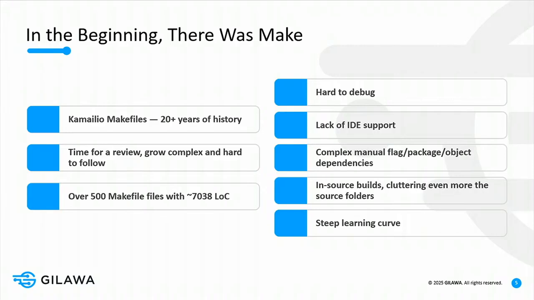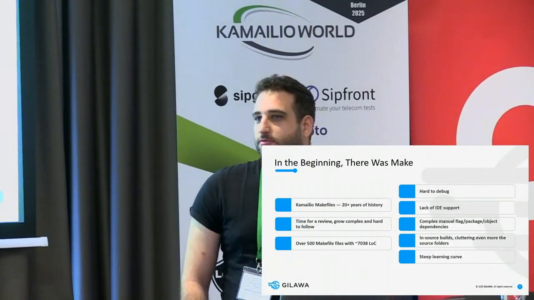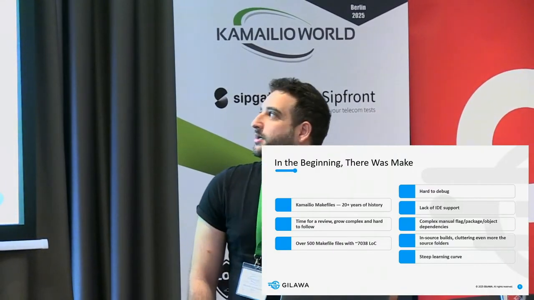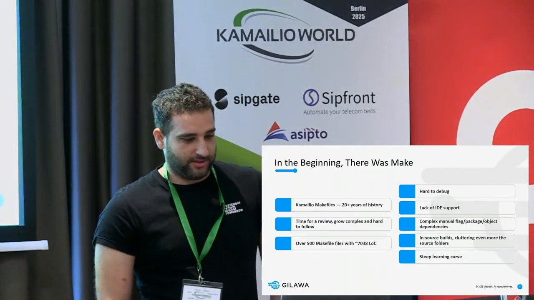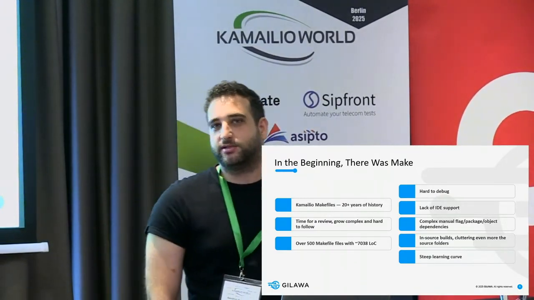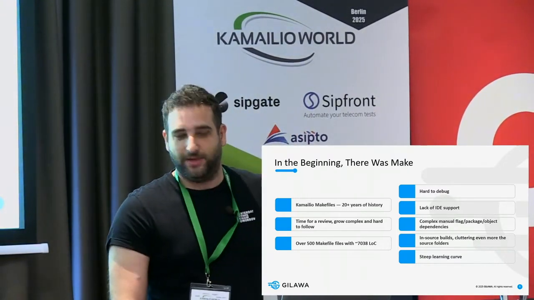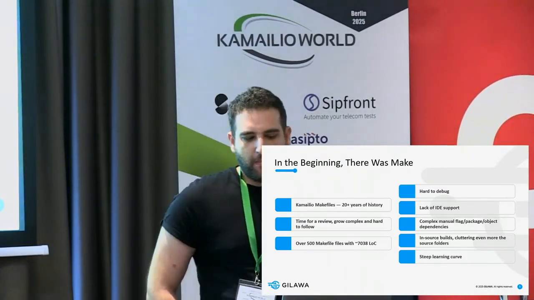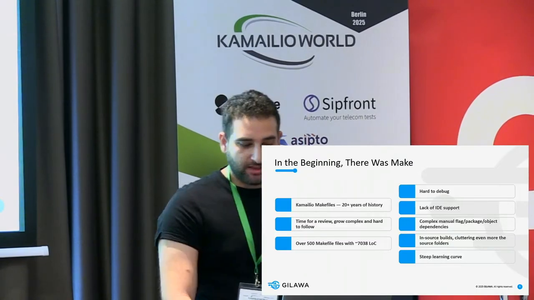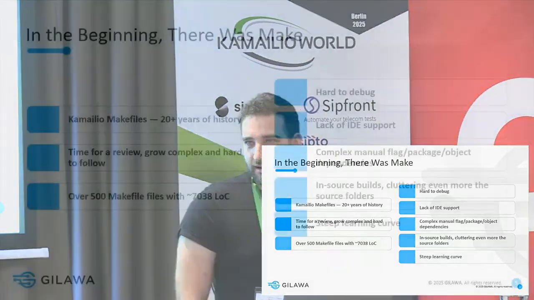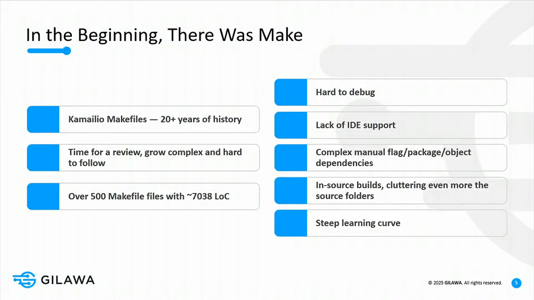It was time for a review, with some minor points that also contributed to the change: the difficulty of debugging, lack of good IDE support, and of course the in-source builds, which clutter our source environment even more in an already big code base. Also, the complex manual flag and package object dependencies, and the learning curve grew even larger when more stuff went into the Kamailio Makefiles.